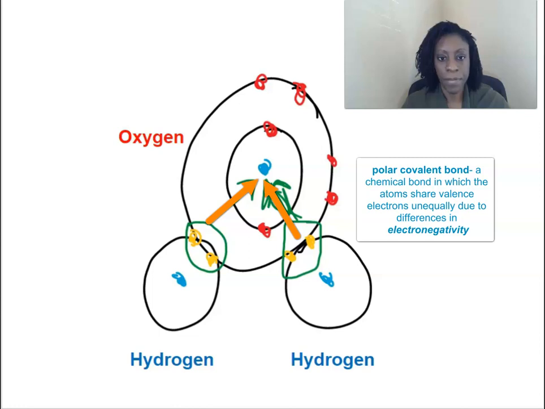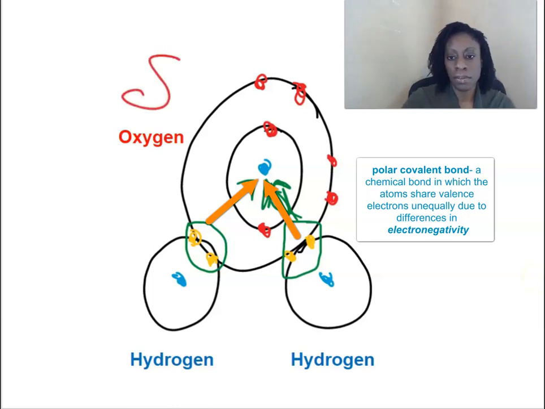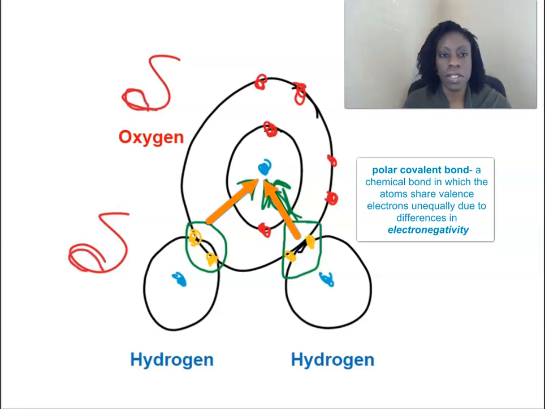Now, a lot of times you'll see this little doodle here, and I'm going to do it in red because it's typically the color that you'll see it. Kind of looks like a backwards S or a clumsily drawn D or something. So this is the Greek letter delta, and the negative side, so you put a negative sign next to the more electronegative side.